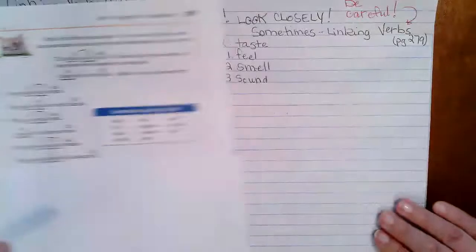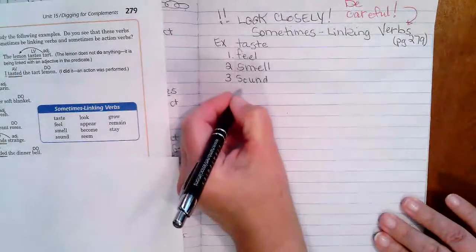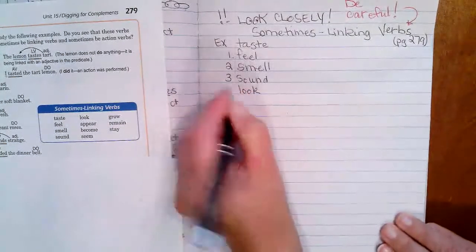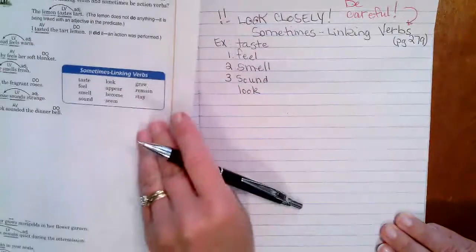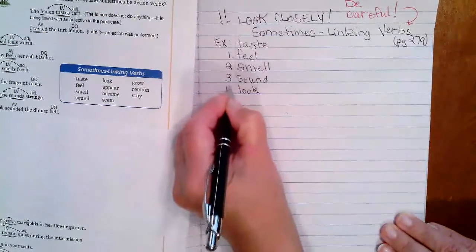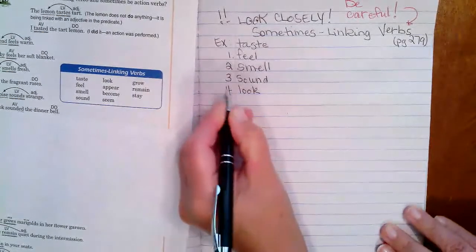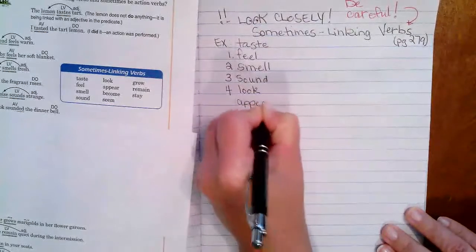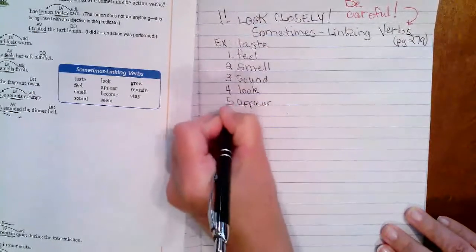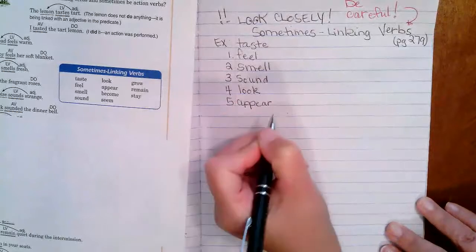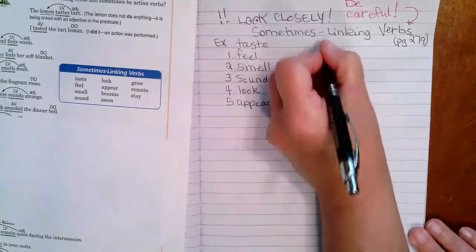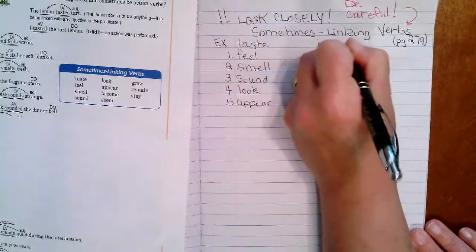I'm not going to go through every one of those with you. You can find examples of how look can be used either way with number 4. You can find examples of how the word appear can be used either way in number 5. I'm going to start another column. Become can be used both ways.